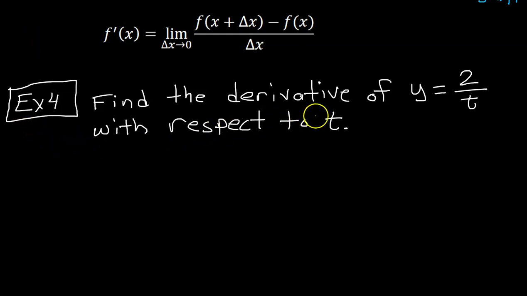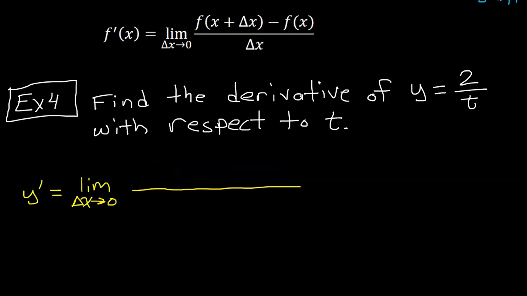So let's find the derivative of y equals 2 over t with respect to t. So since we're using y, we will use the notation y prime to represent the derivative. And keep an eye on the definition of derivative. Please memorize this. This will be the limit as delta x approaches 0 of, you know what, I need more space.